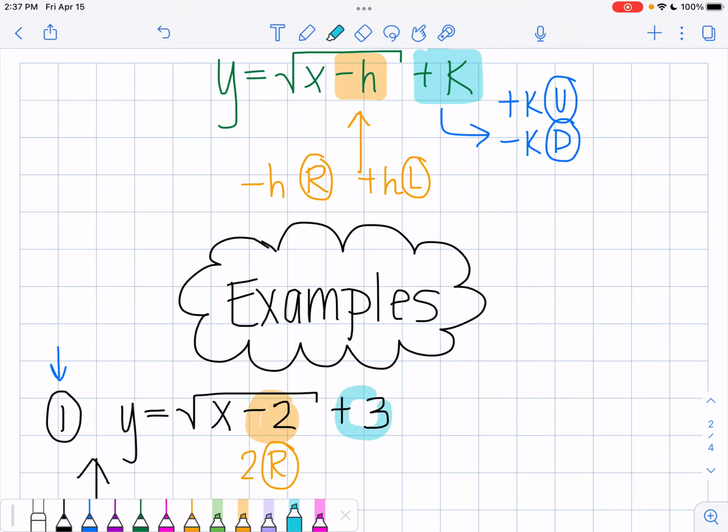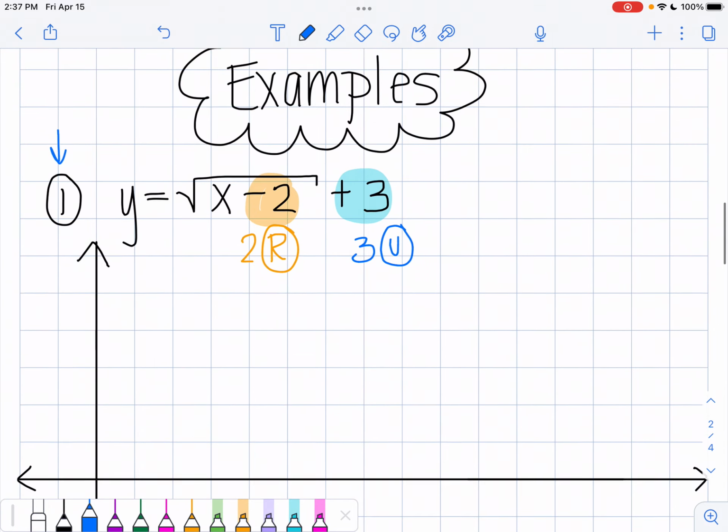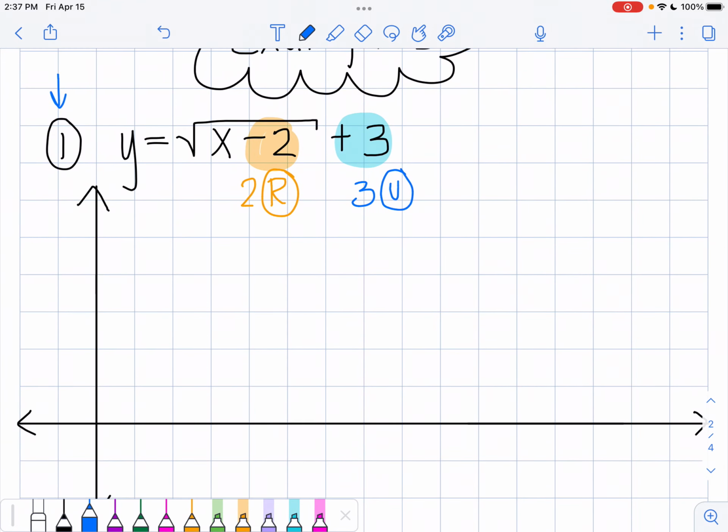And this plus 3 tells me right here that my graph moves 3 up. So when I go to plot my first point of my square root function, normally I would start at (0, 0), but now I'm going to go 2 to the right and up 3. So this is actually where I'm starting.